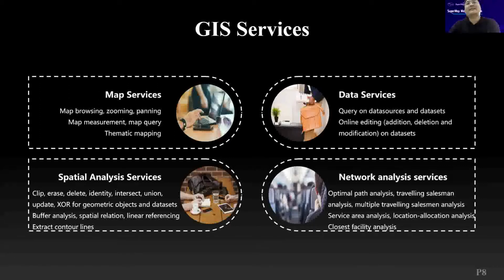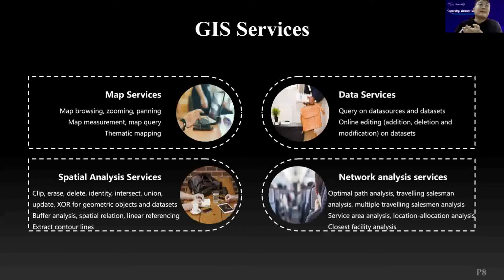To be easily understood, we can say there are two types of spatial analysis. One is overlay analysis, such as clip, erase, delete. They are all overlay analysis. And another one, we can think of as surface analysis, such as extracting contour lines, such as interpolation analysis, which is based on points to generate raster data.